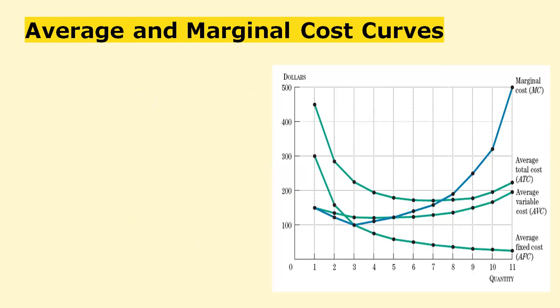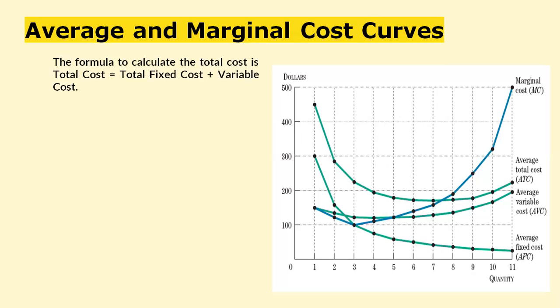Average and marginal cost curves. The formula to calculate the total cost is total cost equals total fixed cost plus variable cost.